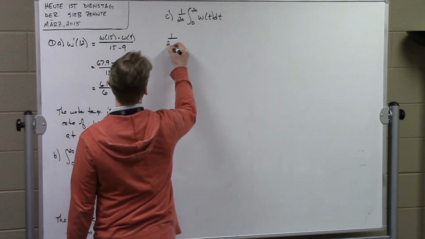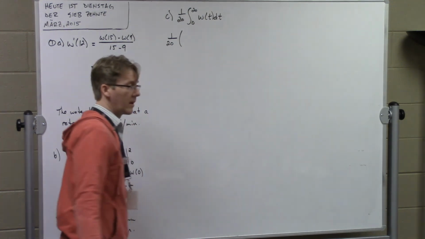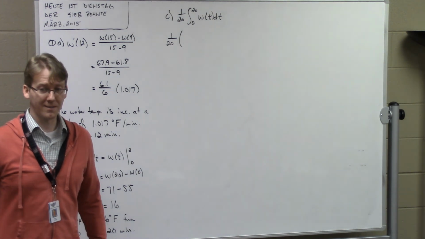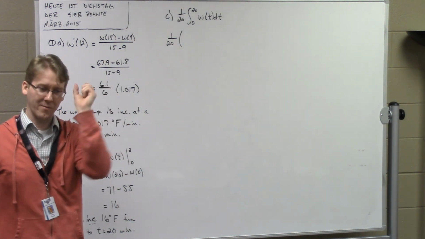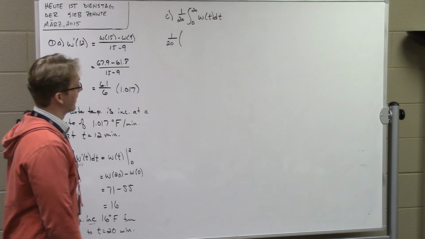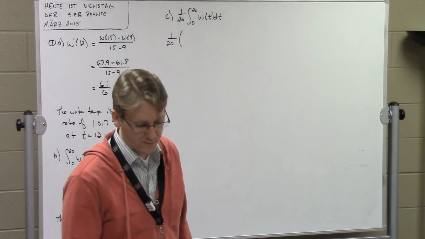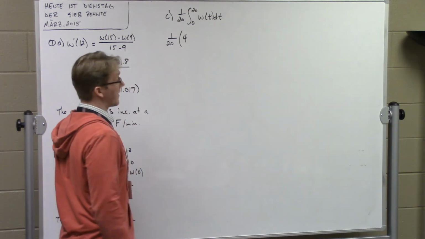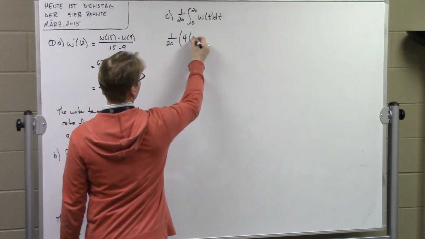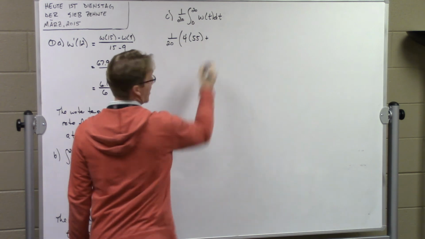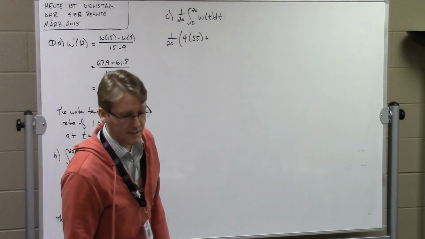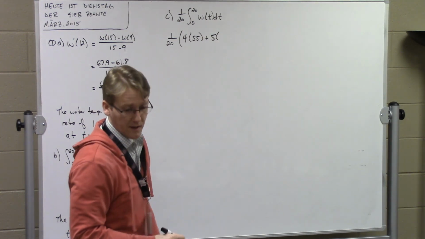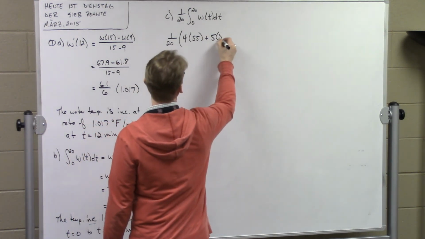So the 1/20 is just going to tag along for a second. You use 4, because that's how many spacers we have in between there. Number 1 goes from 0 to 4, which is a distance of 4, and the left side of that is 55. Number 2 goes from 4 to 9, which is 5, and the left side is 57.1.